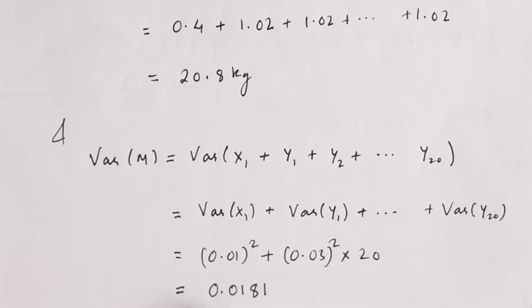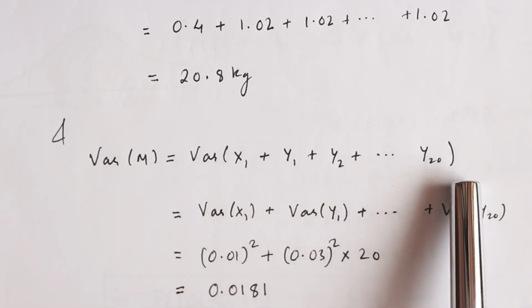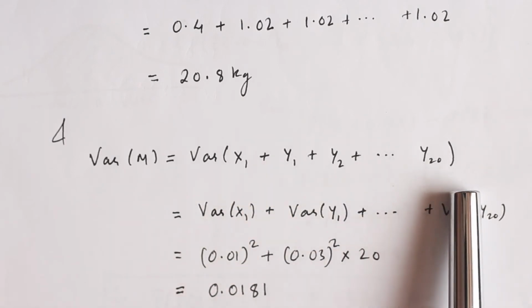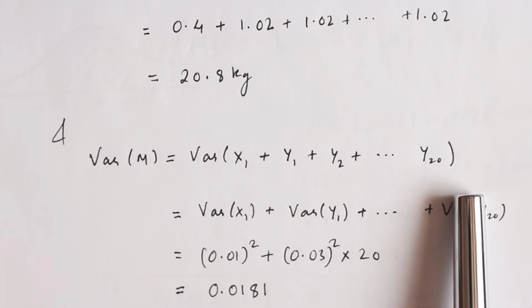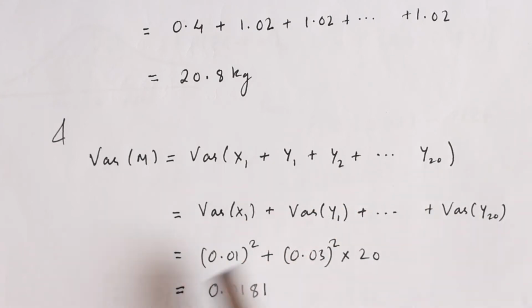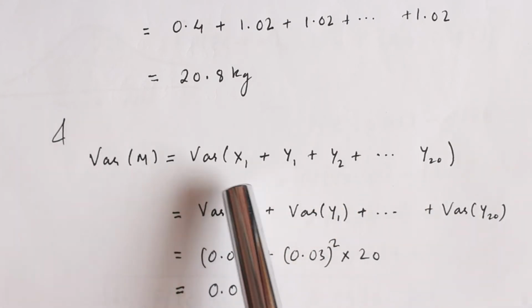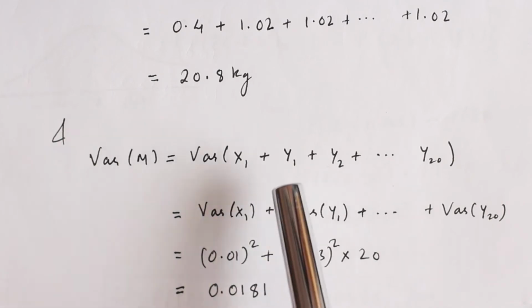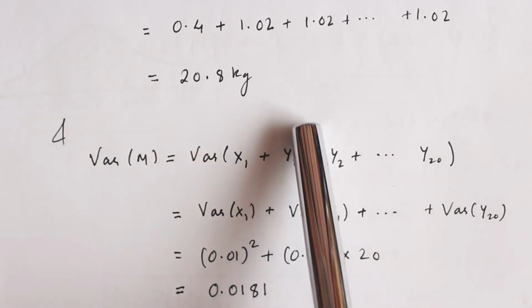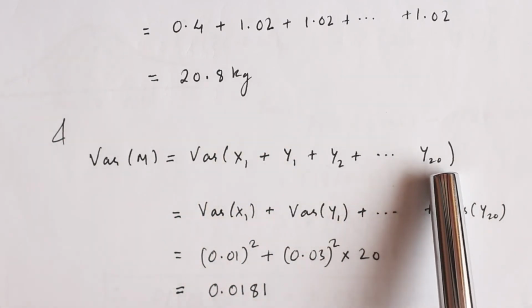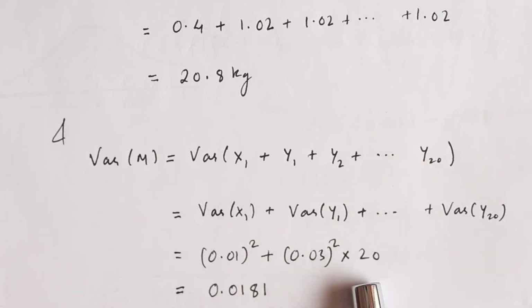And the reason why I'm saying you cannot write 20Y1 is because according to the variance combination of variables, the variance would be the variance of X plus 20 squared times the variance of Y1. But in this case it's not 20 squared, it's 20. So that's the difference here.